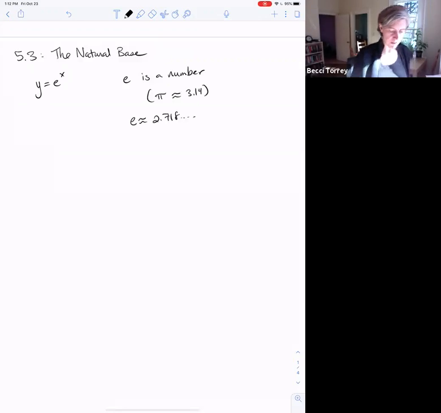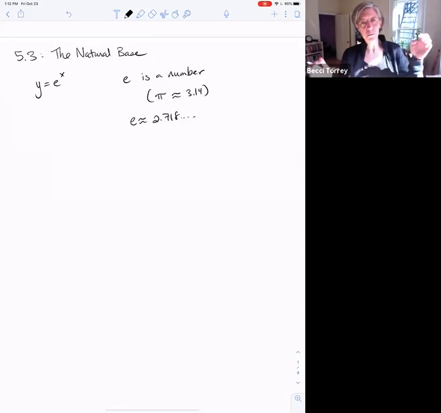It also has an infinite non-repeating decimal expansion, just like pi and infinitely many other numbers. But e is really special. When I'm working with them numerically, I think of them both as being close to 3. Pi is a little bit bigger than 3. e is a little bit smaller than 3. They're both close to 3. So when I look at y equals e to the x, I'm thinking, oh, it's pretty close to 3 to the x. It's going to behave in very much the same way.